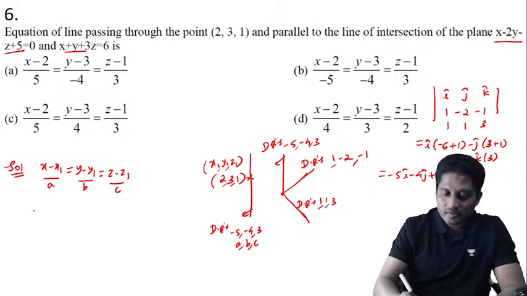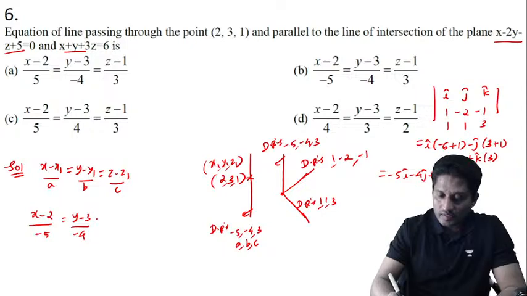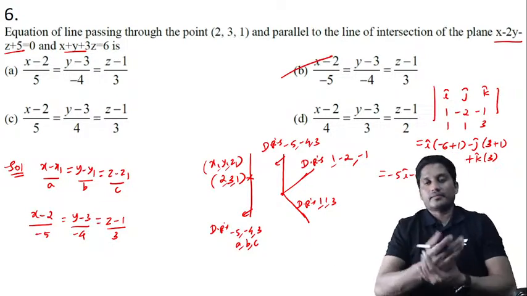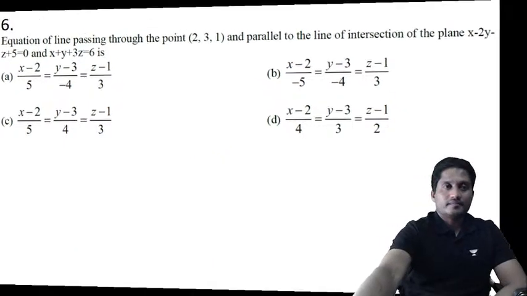So this becomes x minus x1 divided by a, y minus y1 divided by b, and then z minus z1 divided by c is 3. Answer is option B. Right? Let's move to the next question.